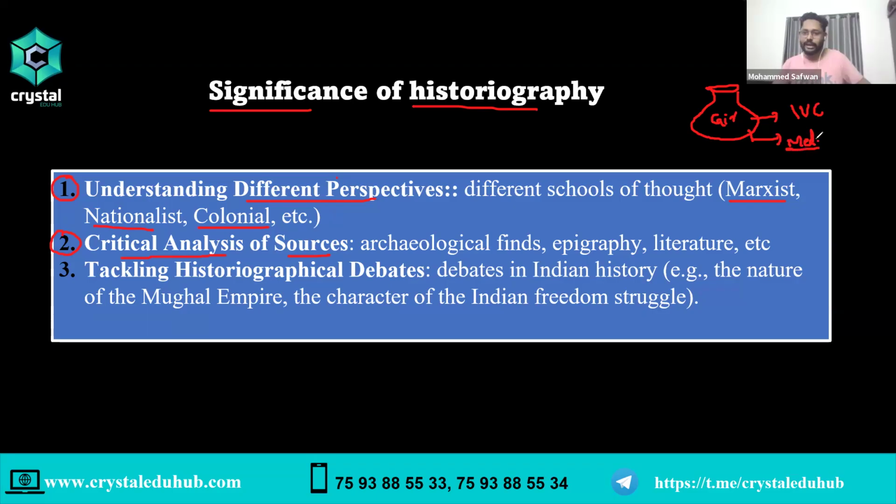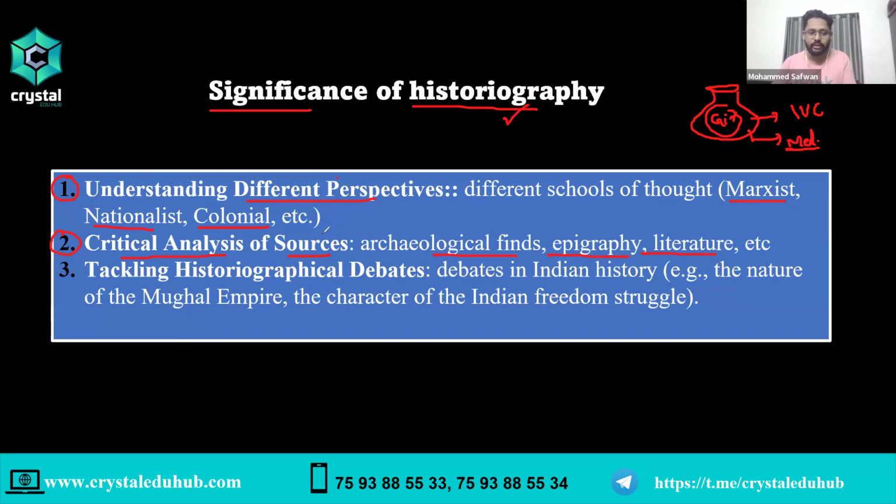If it belongs to the medieval period, definitely we can see the presence of many travelers, so there is a chance that medieval travelers might have seen the giraffe and portrayed it in a pottery. That can also be possible, right? And the giraffe was found only in this one pottery, not commonly everywhere, so generalization is not possible. So there will be critical analysis of the sources. Archaeological findings, epigraphy, literature, every source that we refer to for understanding history can be brought under certain criticism. For that, we should know historiography.